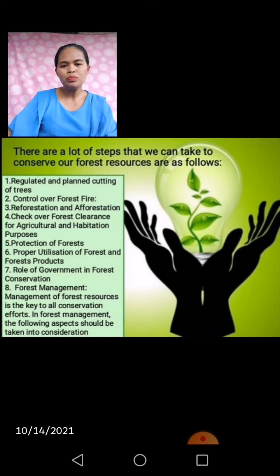Then the fifth one is protection of forests. The existing forests should be protected. Apart from commercial cutting, unorganized grazing is also one of the reasons.